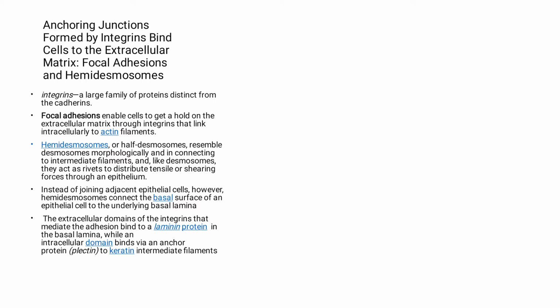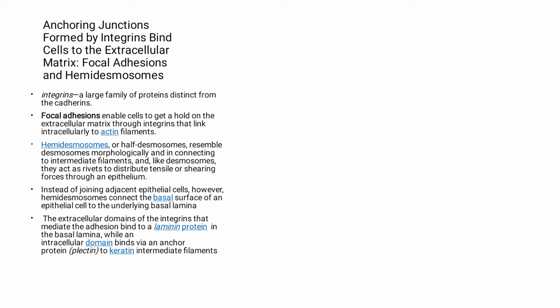Hemidesmosomes, or half-desmosomes, resemble desmosomes morphologically and in connecting to intermediate filaments, and like desmosomes, they act as rivets to distribute tensile or shearing forces through an epithelium. Instead of joining adjacent epithelial cells, however, hemidesmosomes connect the basal surface of an epithelial cell to the underlying basal lamina.